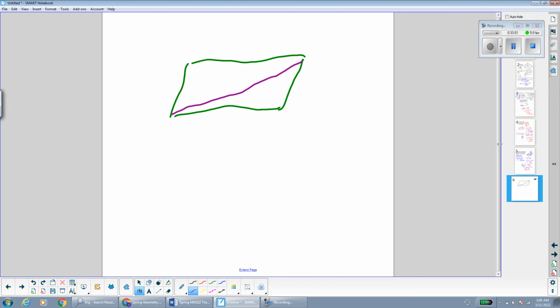So, for example, if I knew that this side was 10, this side was 20, and the angle in between was like 50, since we have a parallelogram, the side opposite is also 10, the side opposite here is also 20, and the angle opposite is also 50.